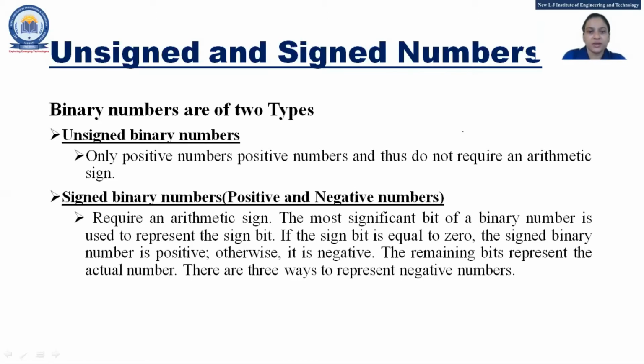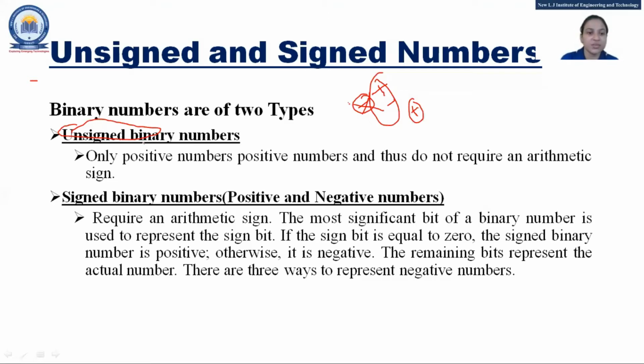Now the first category is the unsigned binary number. Unsigned means we don't require any kind of sign, either plus or minus. Nothing is required. Only positive numbers will reside in this category.